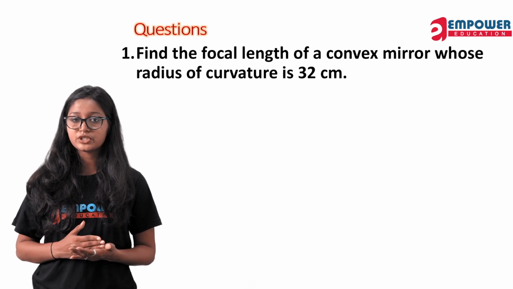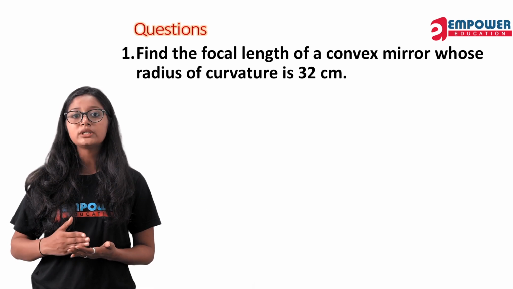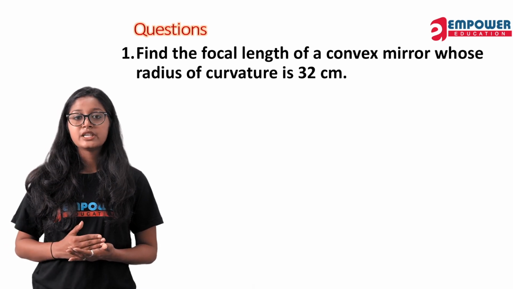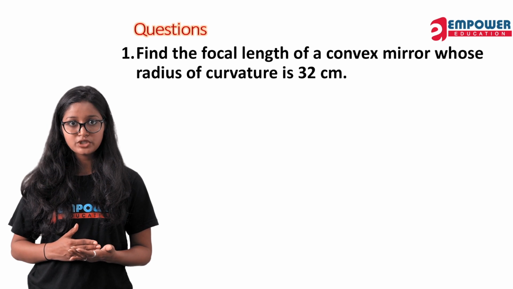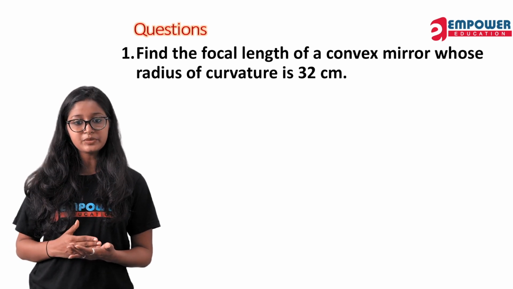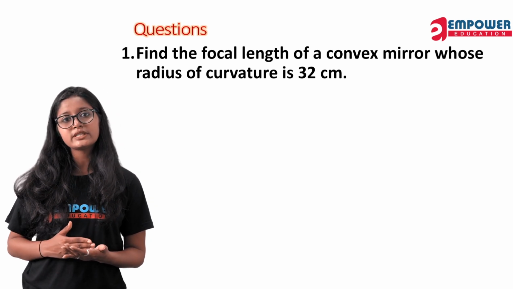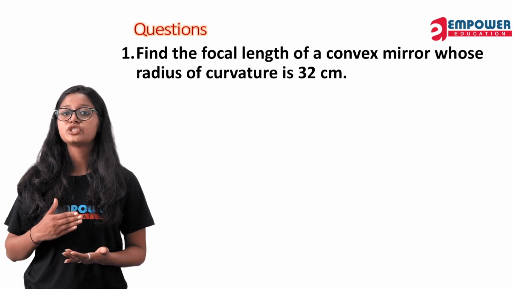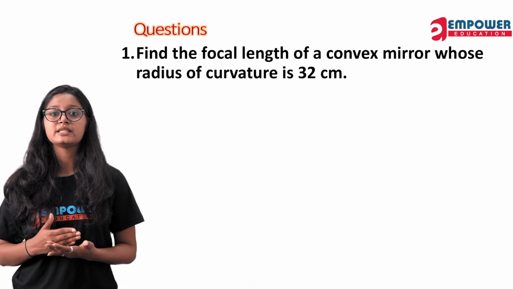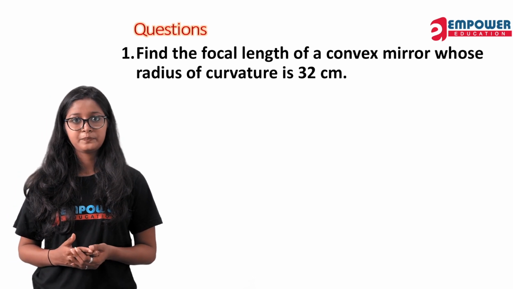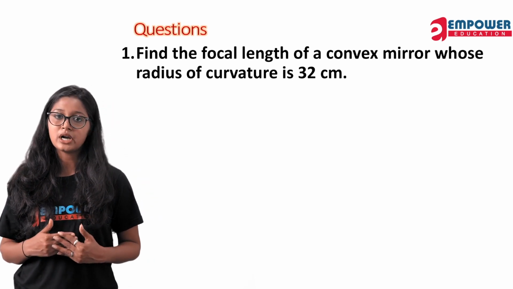Radius of curvature is equal to 2 times the focal length. So if you're given the radius of curvature, that is 32 centimeters, divide 32 centimeters by 2, which gives you focal length equal to 16 centimeters. And that is your first answer.